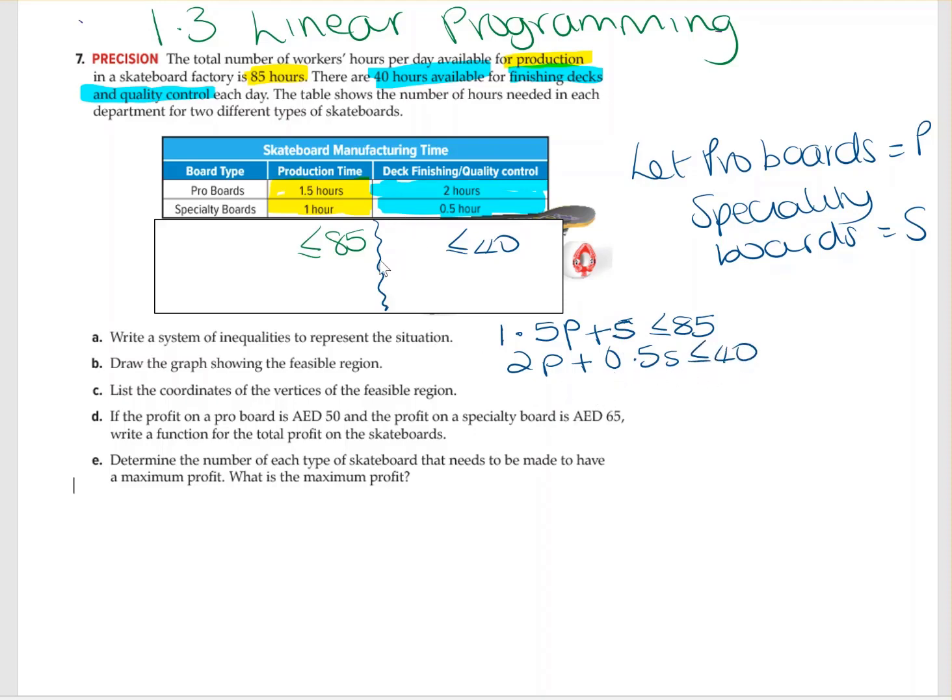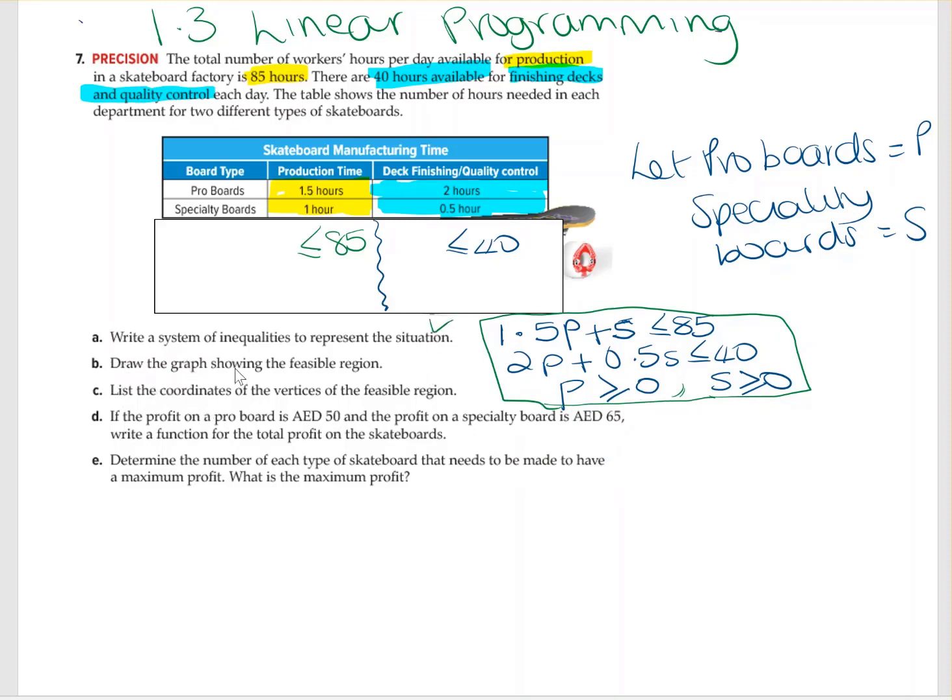Now we can't make negative boards, so P has got to be greater or equal to 0, and S has got to be greater or equal to 0. So these are going to be our inequalities. So this part is done.